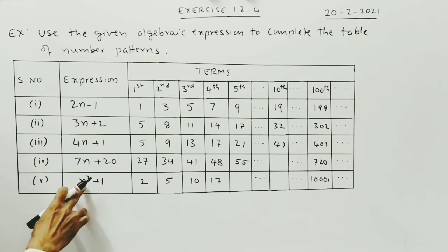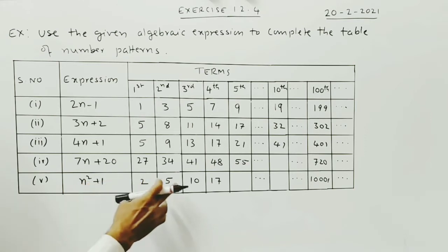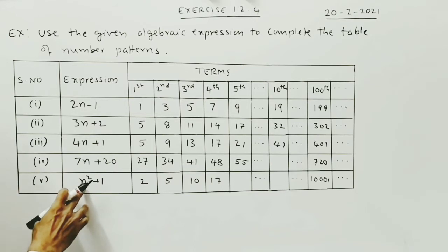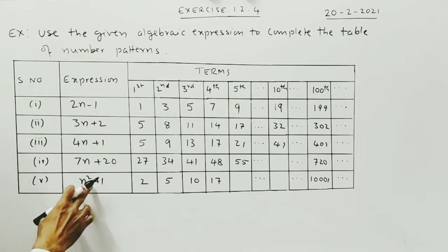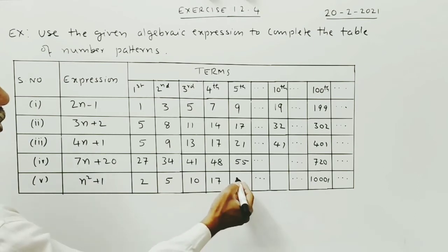For n is equal to 3, 3 square plus 1, that is 9 plus 1, 10. When n is equal to 4, 4 square, 16 plus 1, that is 17. When n is equal to 5, 5 square plus 1, that is 25 plus 1, 26.